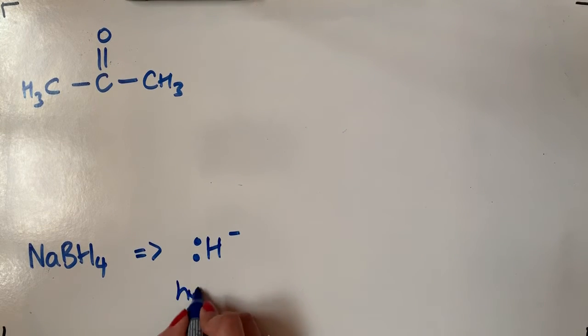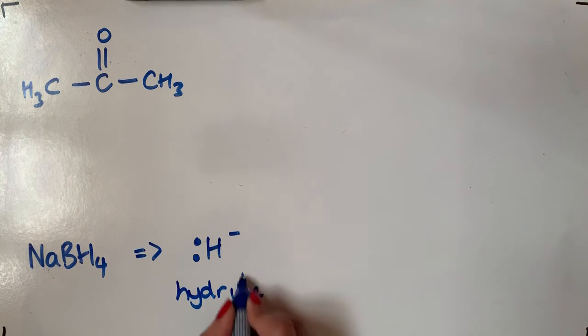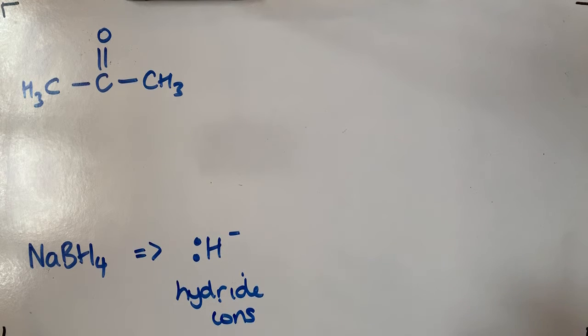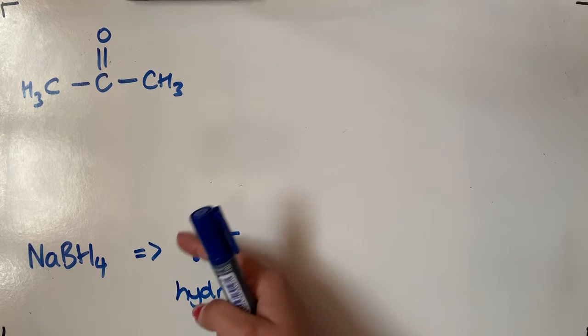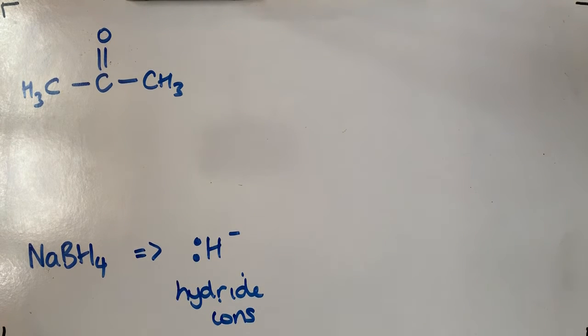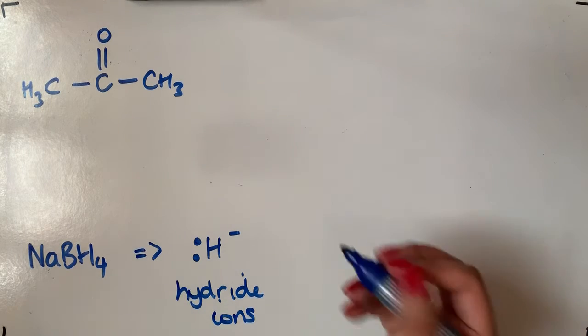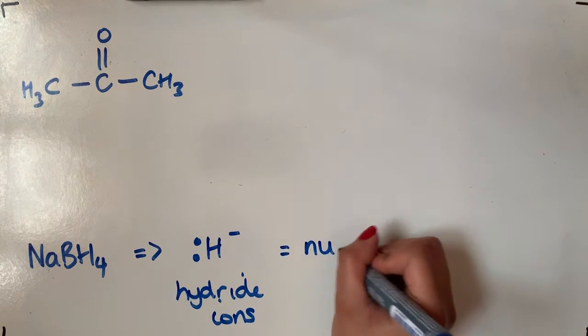Okay, so these are hydride ions. We don't usually see H minus. It's usually H plus, which are protons, but H minus does exist as well. It's released from our reducing agent, sodium borohydride. As you can see, because it has a lone pair of electrons and a negative charge, this here is classed as a nucleophile.